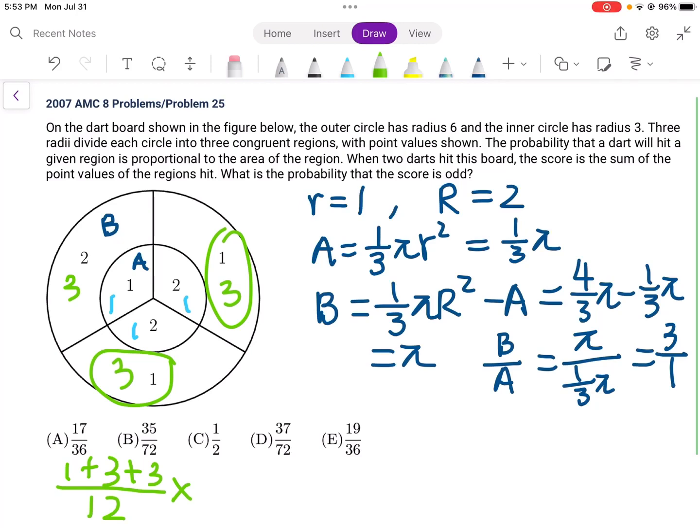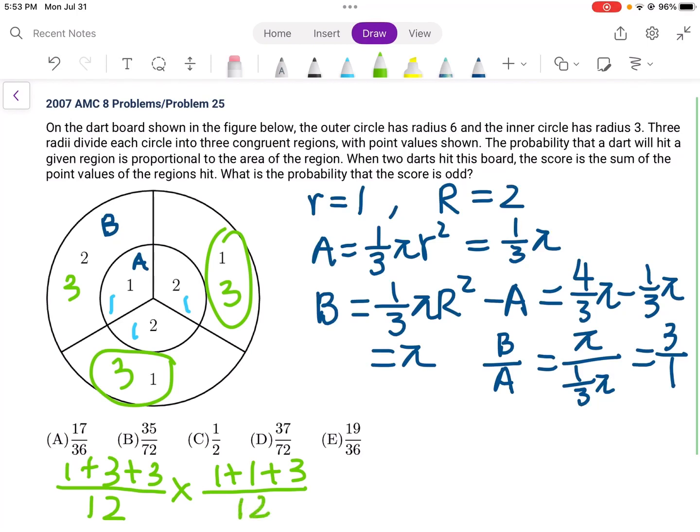So for 2, there are 2 twos in the inner circle, so their area is 1 plus 1, and 1 two between the outer circle and the inner circle, and the area is 3. Again, divided by the total area, which is 12.